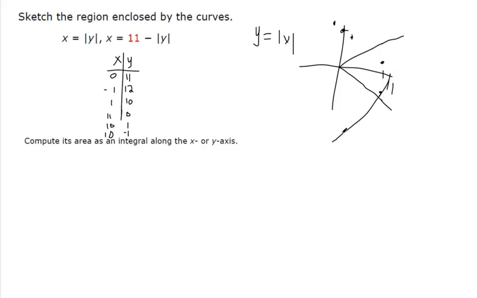So there's a rough sketch of that graph. So this is the area which they're enclosed. They're all straight lines, so this would be a rhombus, I think. But let's do it the calculus way.